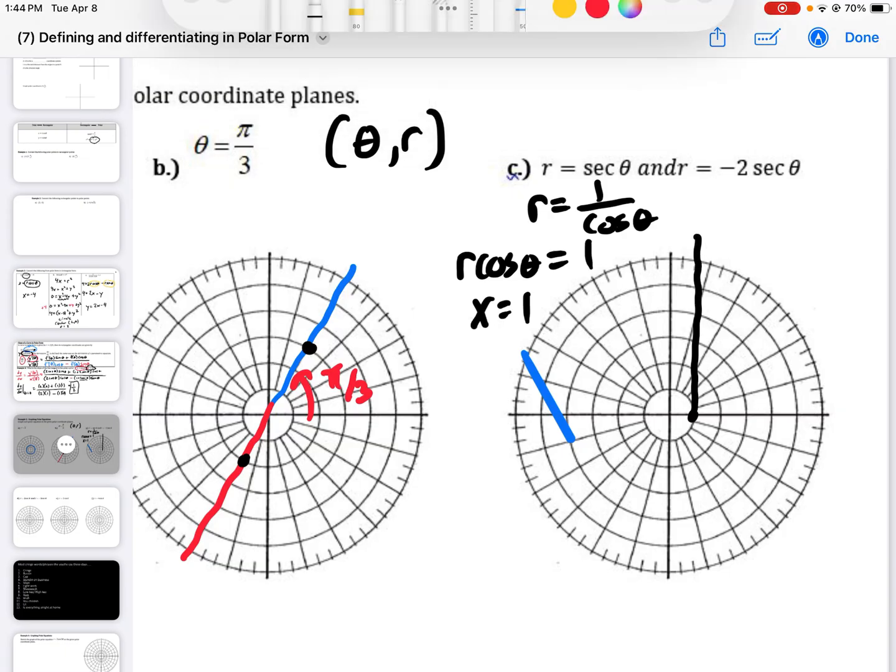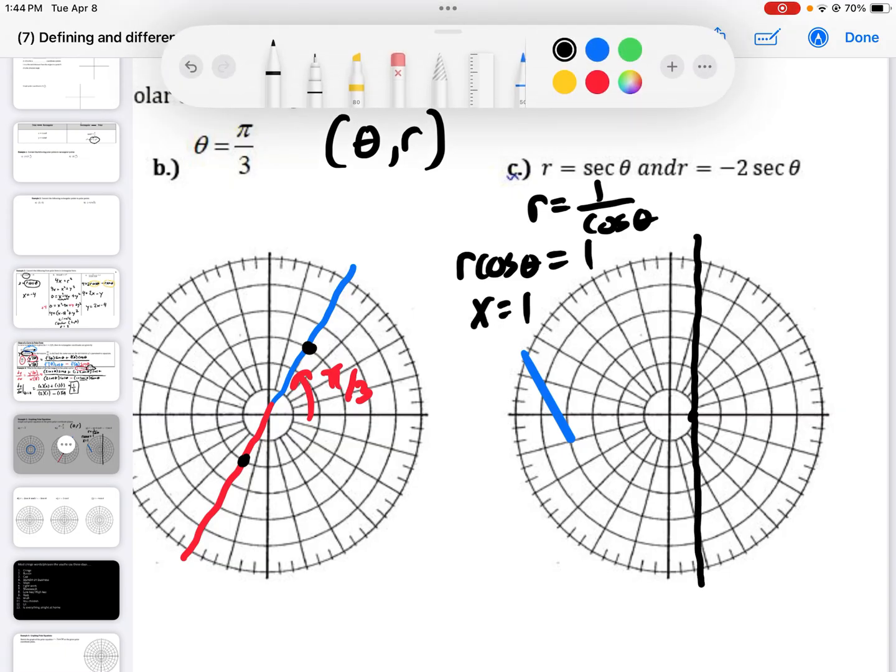It just looks like the normal x is equal to 1. So if I'm looking on a normal xy plane, this is always just x is 1. So that might give me a certain theta with a radius that gives me 1. Okay, a little weird. All right, that was just a straight line.